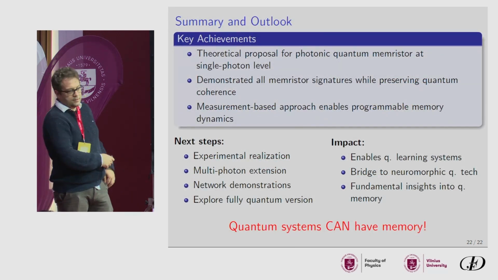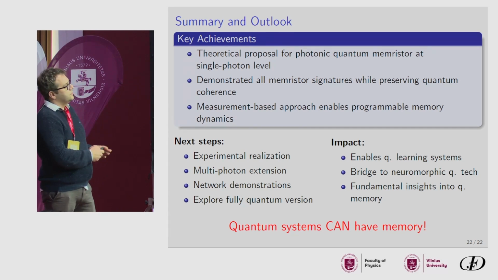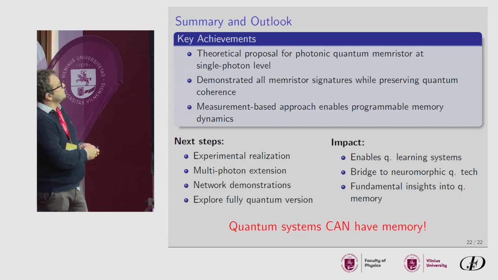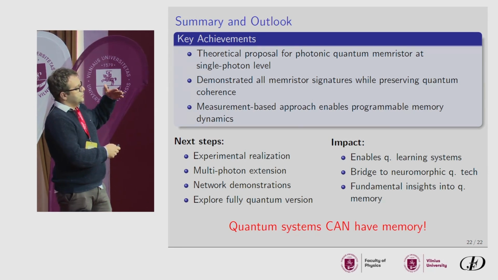And this is where I wanted to conclude. So this is our idea, this theoretical proposal for a photonic quantum memory store at the single photon level, and this architecture actually demonstrates all signatures of a memristor, while preserving quantum coherence. If you think about it, in the end, having multiple quantum trajectories and a measurement-based approach enables this programmable memory dynamics.